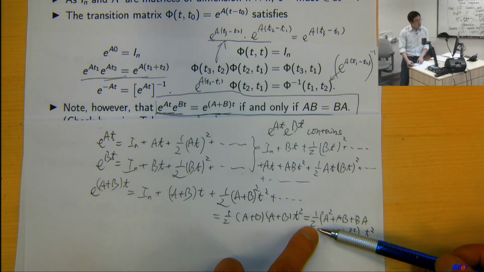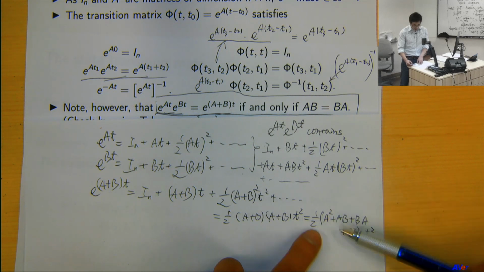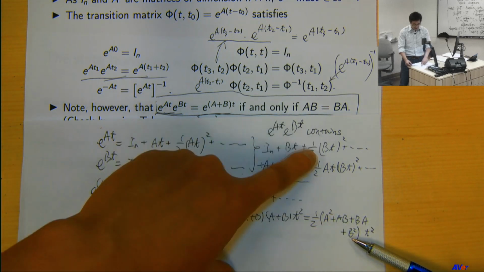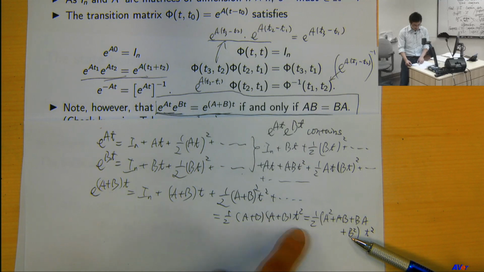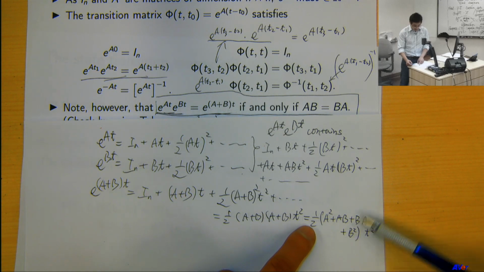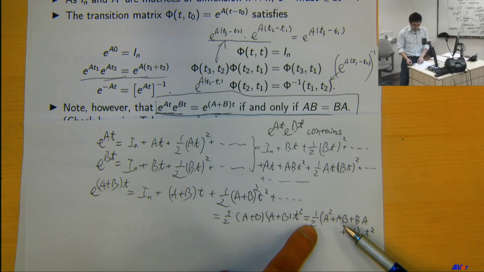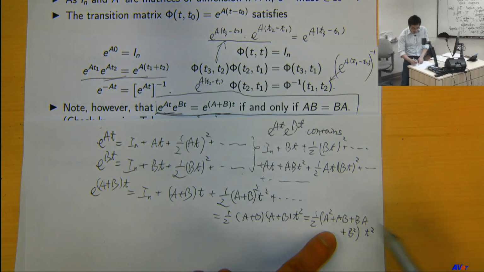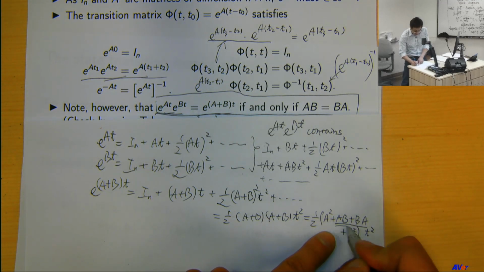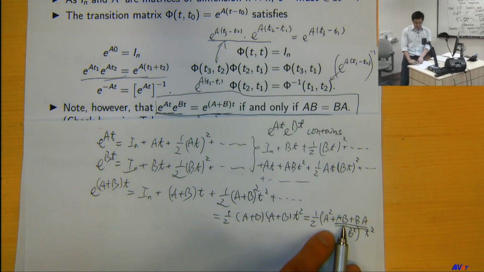I got half of B squared at least, right, from here. And I got half of A squared not coming up from here, but that actually wouldn't matter. The important thing is I need this to appear. Do you guys see? I need half of A times B and half of B times A to appear.